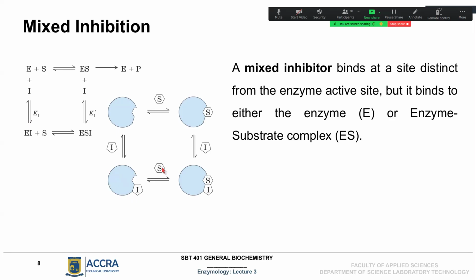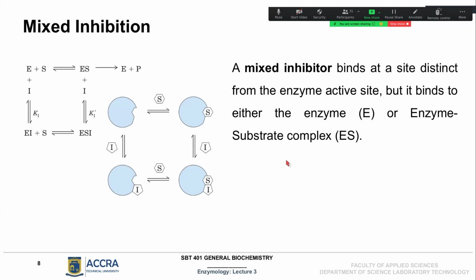So even when a substrate comes to bind to that enzyme inhibitor complex, the reaction does not proceed. It just gives you that same complex, which is the enzyme substrate inhibitor complex. So these are two different paths which are occurring at the same time. That is why it's being referred to as mixed inhibition.